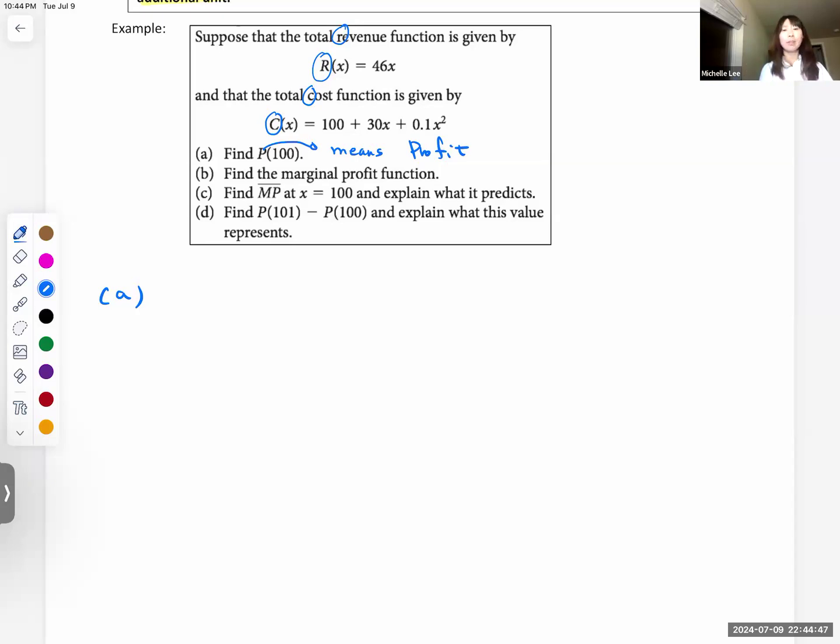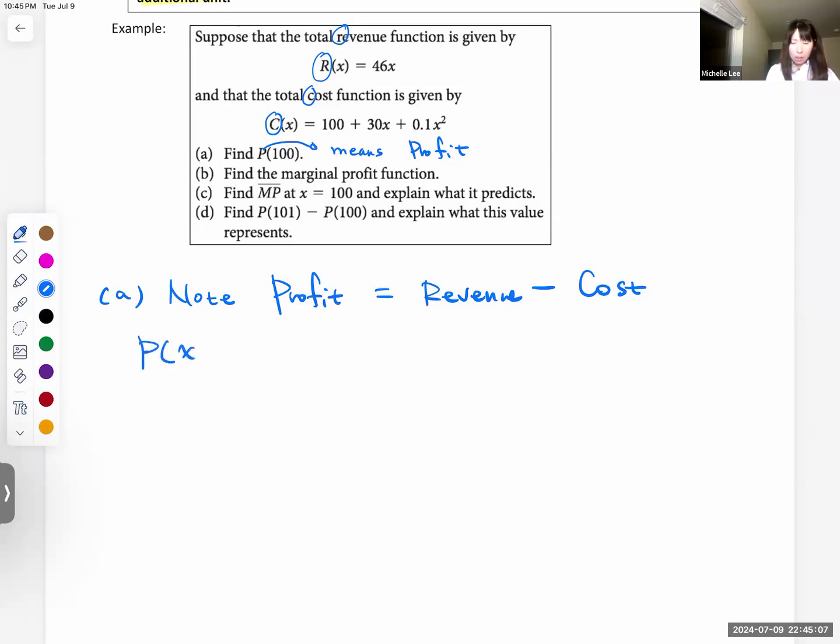Okay, so we have the profit function equal to the revenue function minus the cost function, right? Okay, so we denote P of X, revenue 46X minus, be careful, it's a whole thing, right? We subtract the whole thing.